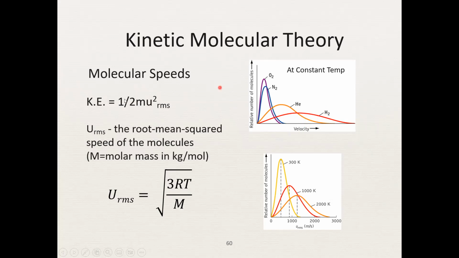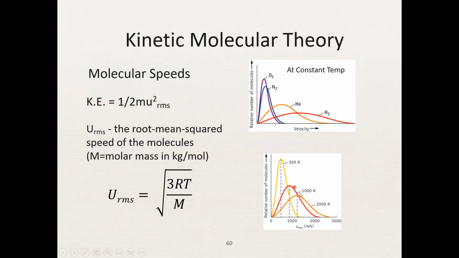So again, if we think of kinetic energy, 1/2 mass times velocity squared, we're going to see that as the mass goes down, then the velocity is going to have to increase if we're keeping kinetic energy the same. And then if we look at the bottom graph here, now we're looking at just one gas sample.